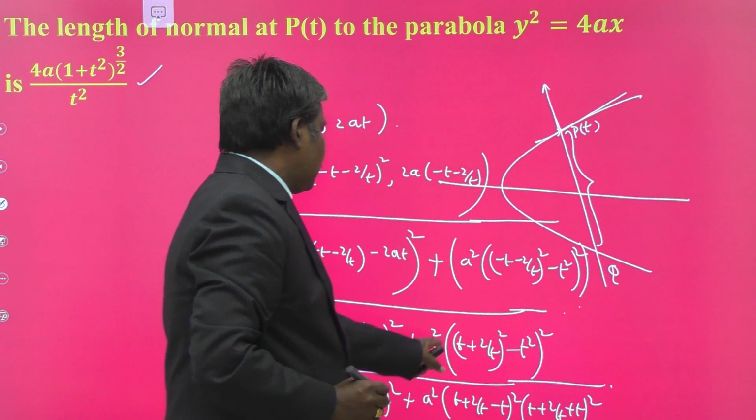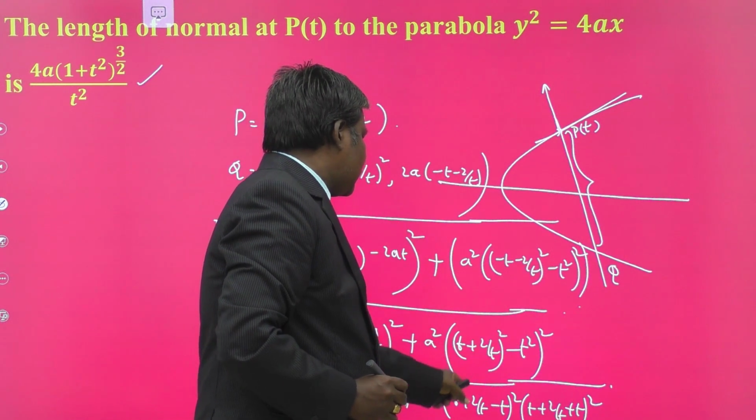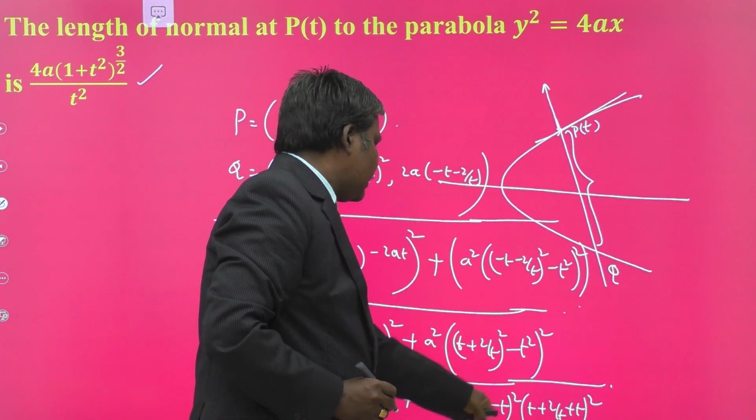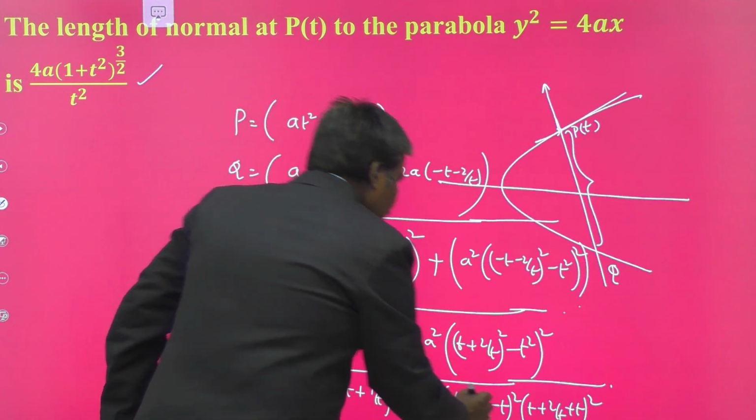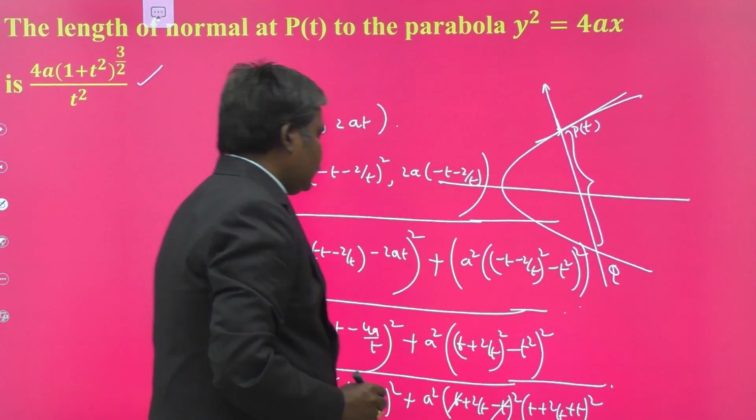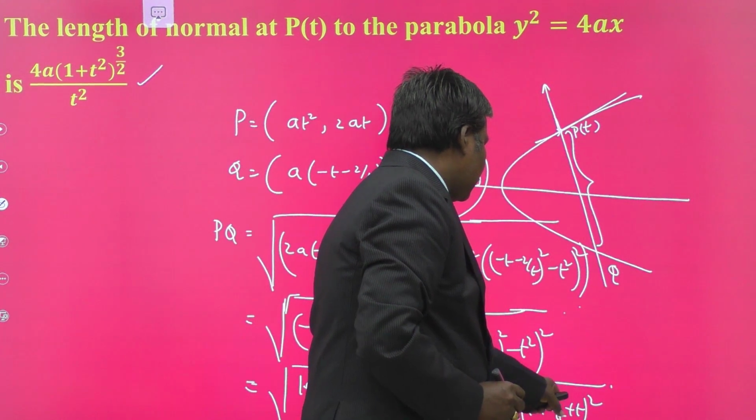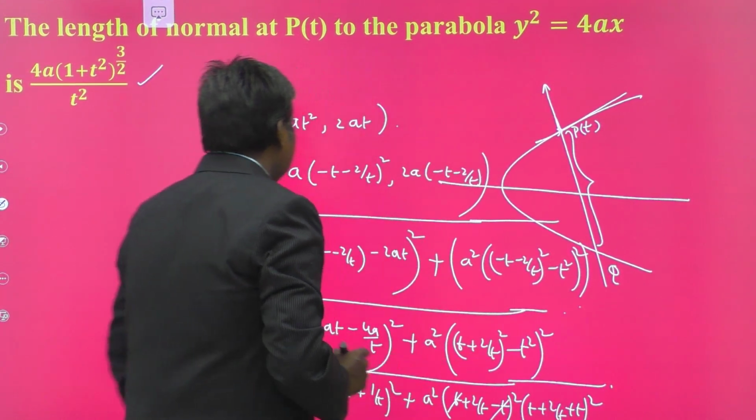This is a square minus b square, which is nothing but (a plus b) into (a minus b). Already whole square is there. So this t and t get cancelled. T plus t, (2t plus 2 by t) whole square is also there.